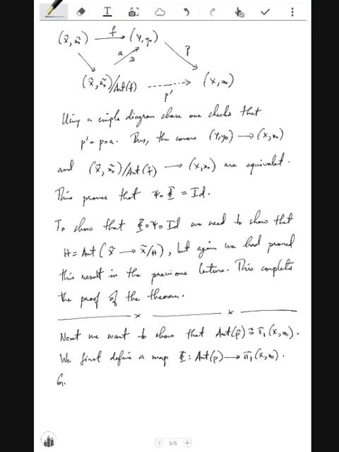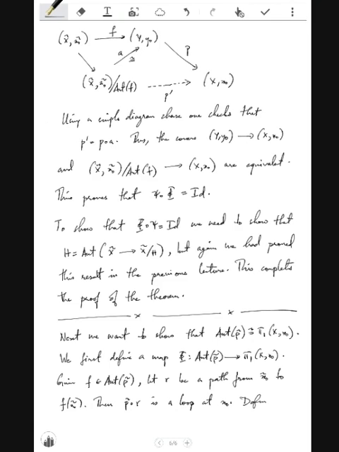Given f in Aut p tilde, let gamma be a path from x naught tilde to f of x naught tilde. Then p tilde composed with gamma is a loop at x naught.